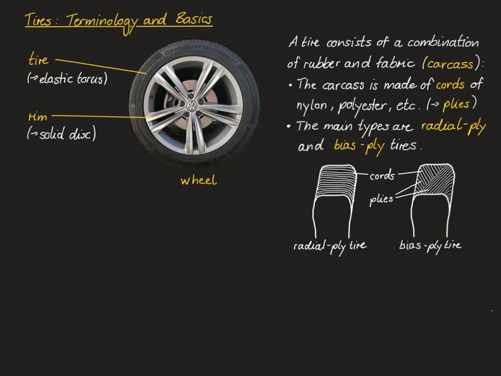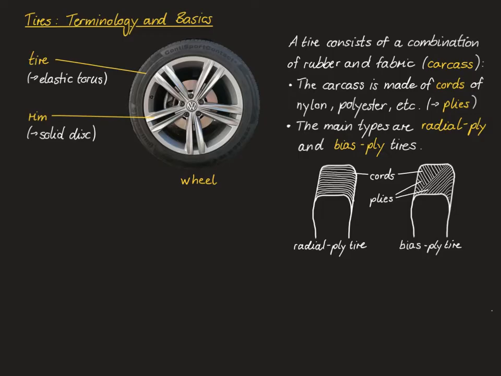For the radial ply tire, the plies run perpendicular to the tire's circumference. For the bias ply tire, on the other hand, the plies are arranged in an alternating fashion, as shown here, where the cords are running at an angle of about 50 to 55 degrees to the tire's circumference.